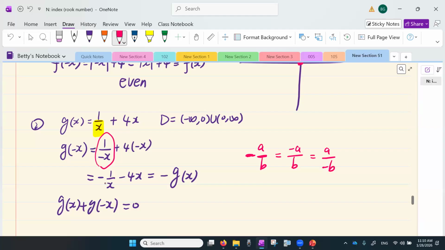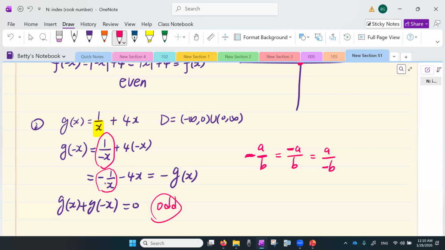The negative sign can stay with the denominator or the numerator or in front of the quotient. So that's why 1 over negative x can be written as negative 1 over x. All right? So tell me, even or odd? It'll be odd.